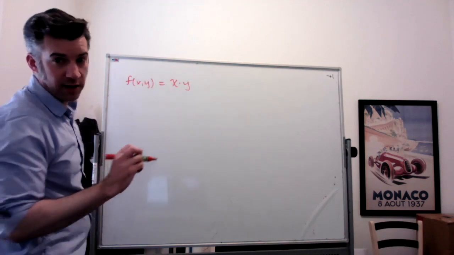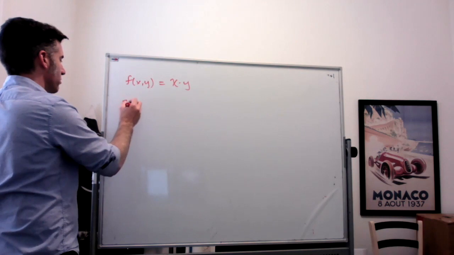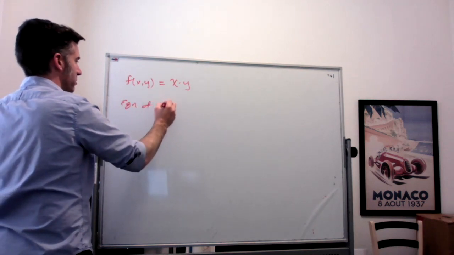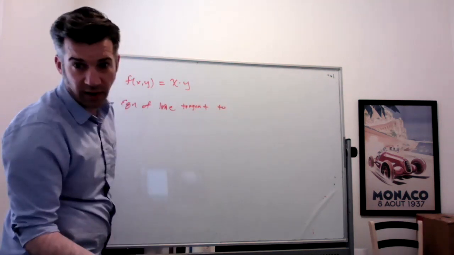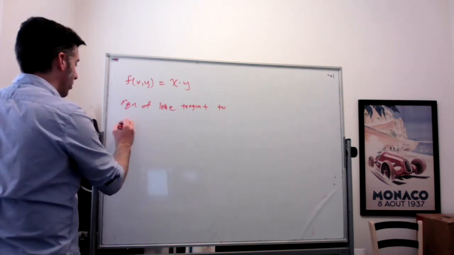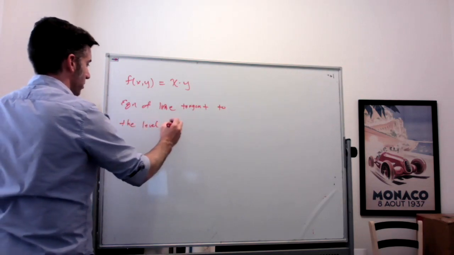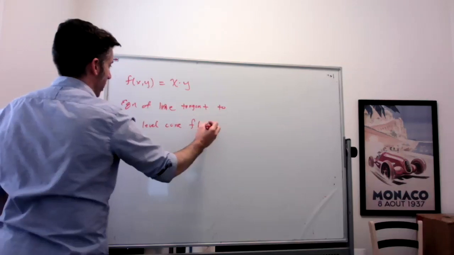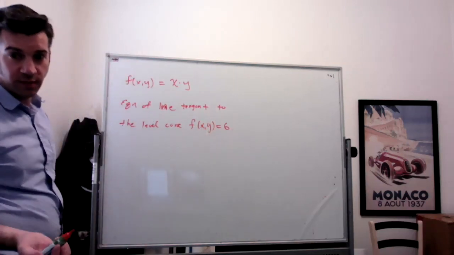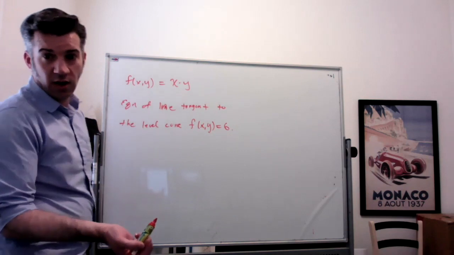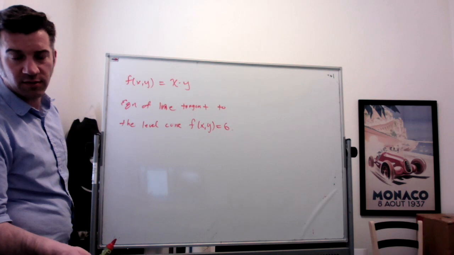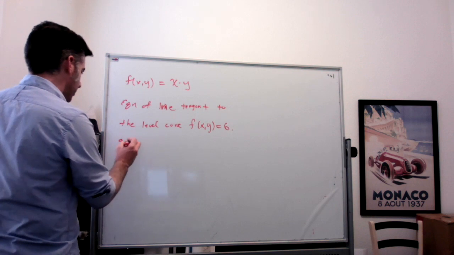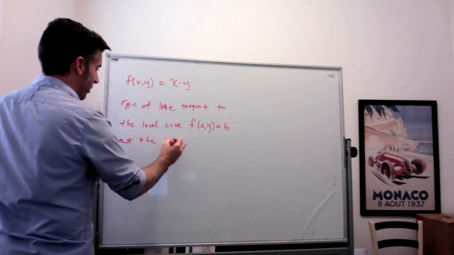And we want to find the equation of the line tangent to the level curve f of x, y equal to 6, at the point 3, 2.